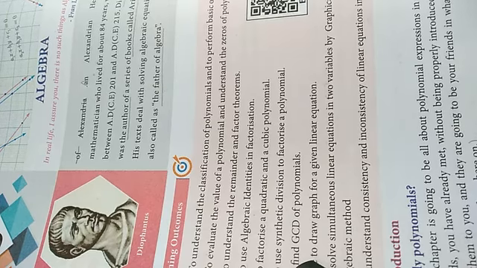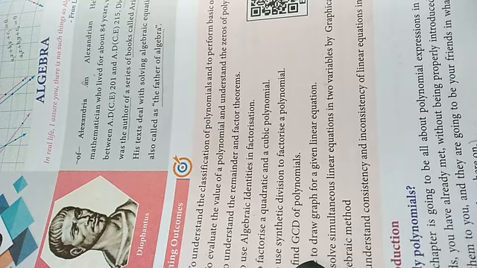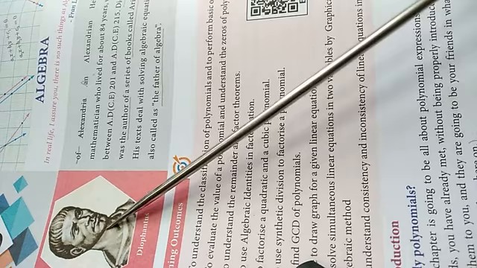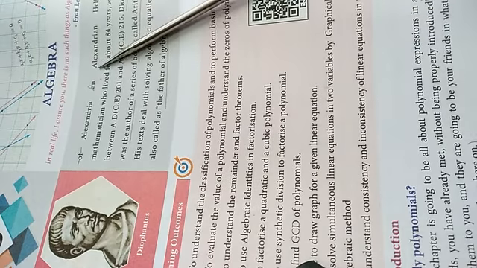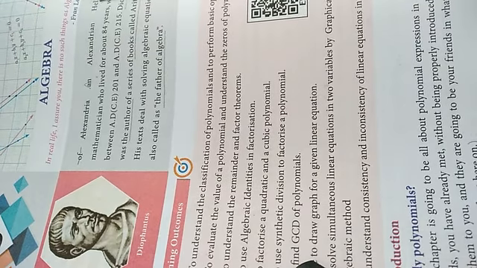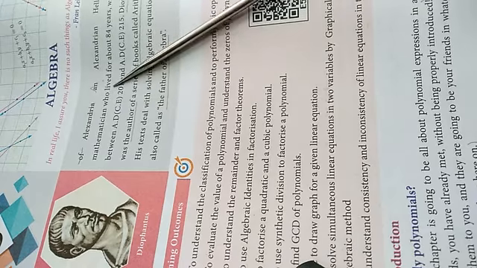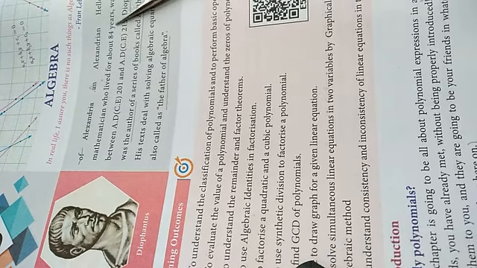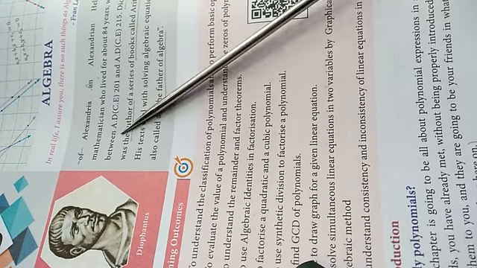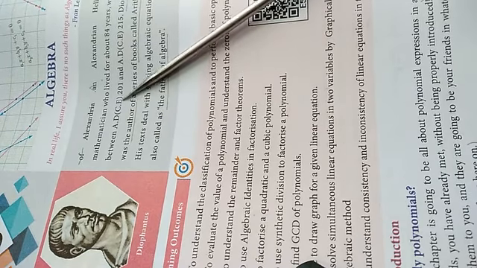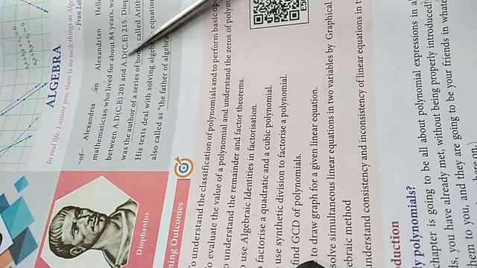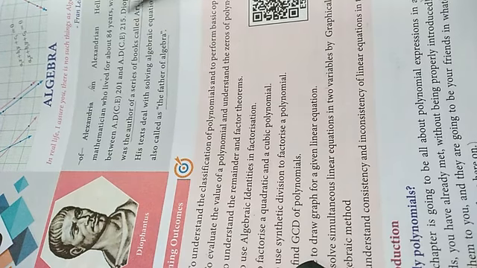The father of algebra is Diophantus. Look at the photo of Diophantus. He was an Alexandrian Hellenistic mathematician who lived for about 84 years, and was born between AD 201 and AD 215.